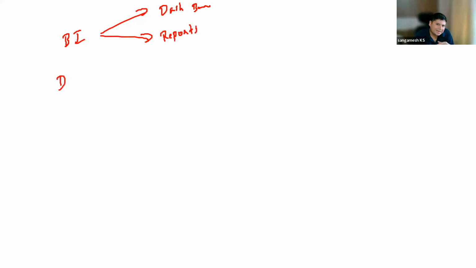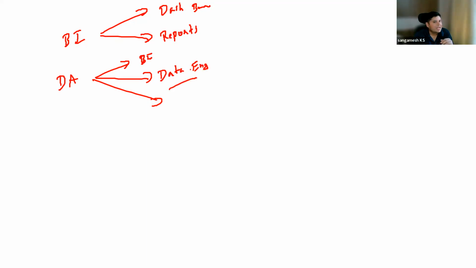When it comes to data analytics or a data analyst, sometimes he will use BI, not all the time. Most of the time, he will be managing the data itself. So he will be a little bit towards the data engineer as well. Adding to that, he will also be into business analytics.